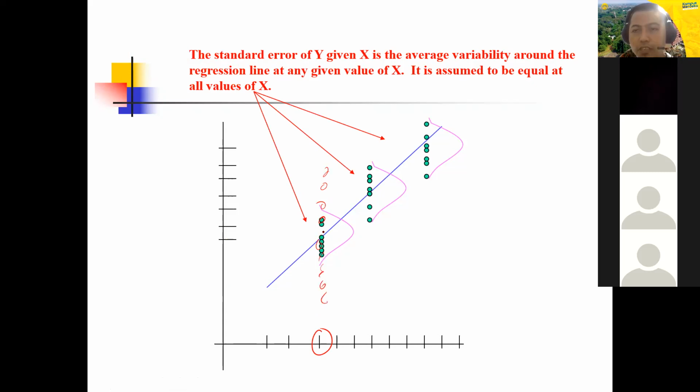So this possibility gives a certain probability for y to come up with a certain value given x. Also, given a value of x, the y value can be at any position, but still around the line. And then we arrive at this kind of distribution of y given x.